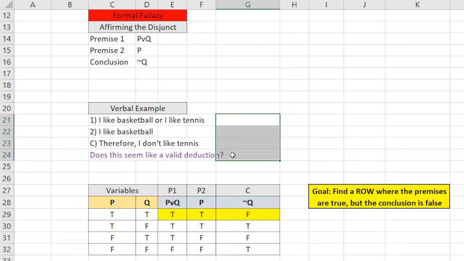This verbal example is really more to help your intuition to convince yourself that it's false. And maybe seeing the symbolic format is not that helpful. So being able to take the symbols, turn them into words, understand those words, and then being able to throw it into a truth table and prove definitively that your argument is invalid.